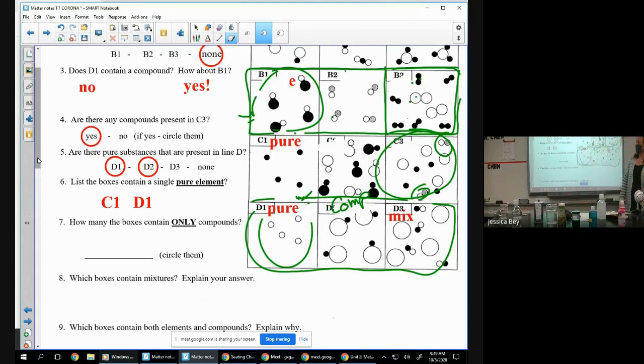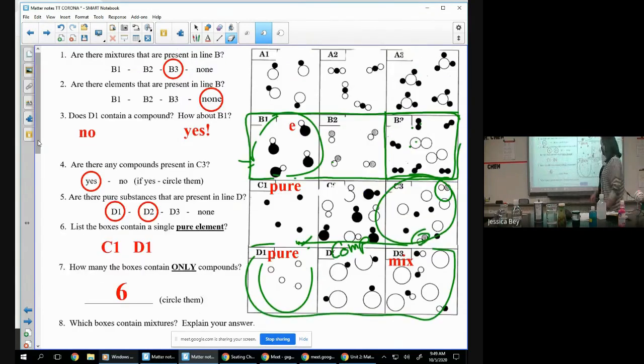Okay. How many boxes only contain compounds? Well, I have 6 of them. Let's take a look. We can go through and say this is a pure element, that's a compound. This is a pure element, that is a compound. That is also a compound. Here we go. This is a compound. B2 is also a compound.